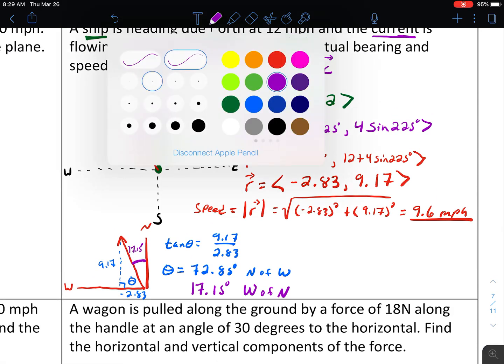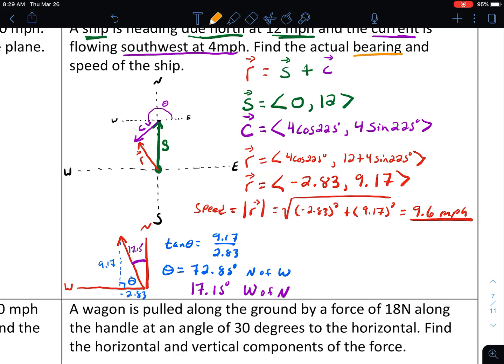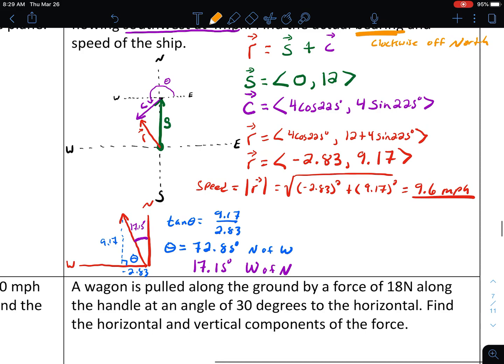But the problem specifically said bearing. Bearing is the number of degrees rotated clockwise off due north. And so we're looking at our diagram, and the bearing angle is going to be off due north all the way around to our vector.